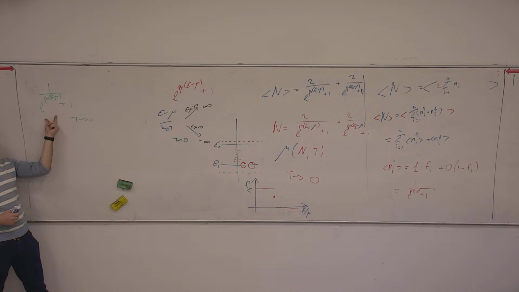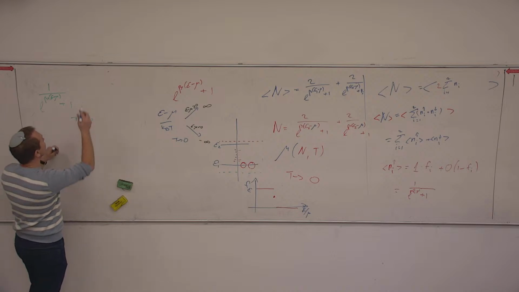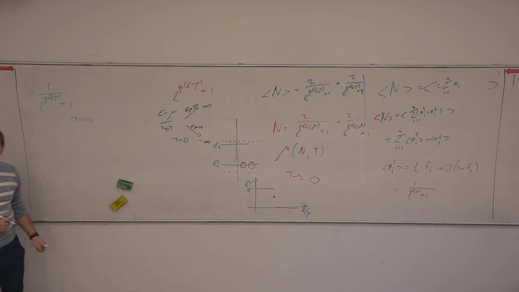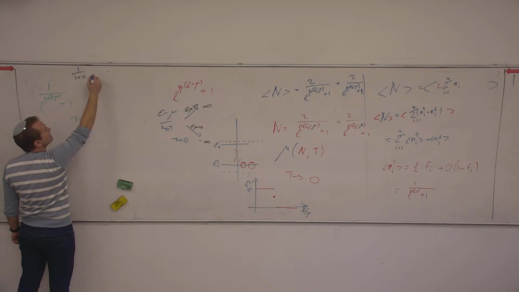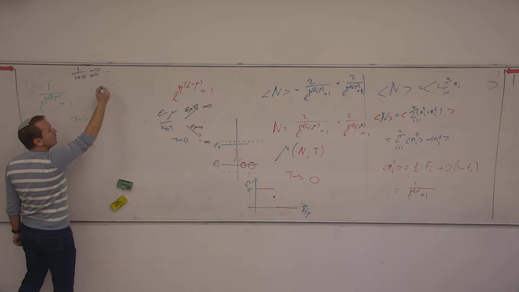You can say it's just 1, but I don't want to lose the connection to epsilon, so I'm saying that it's 1 plus something. The Taylor expansion of 1 over 1 plus x, when x is small, goes to 1 minus x.